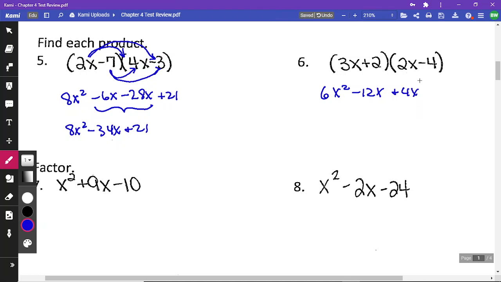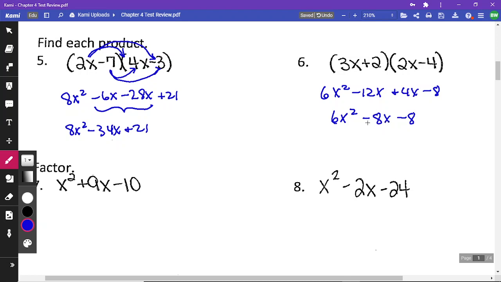Then we have 2 times negative 4, which is negative 8. We combine our like terms, which is the middle term. That's negative 8x, right? And then we have minus 8. And that is it.